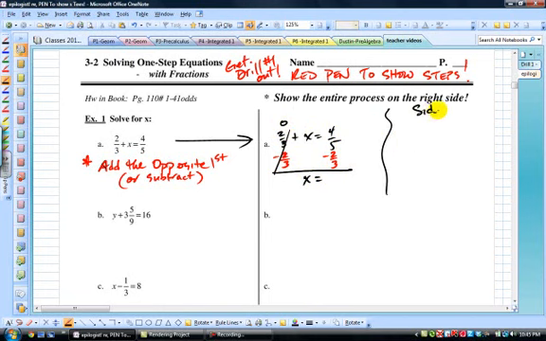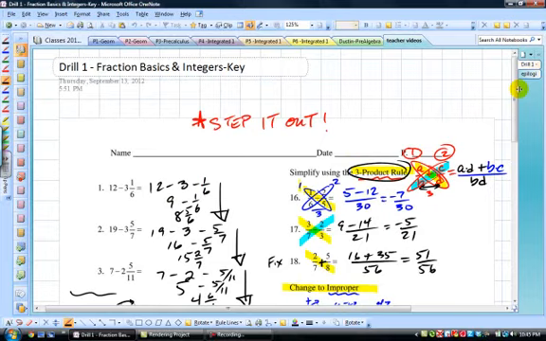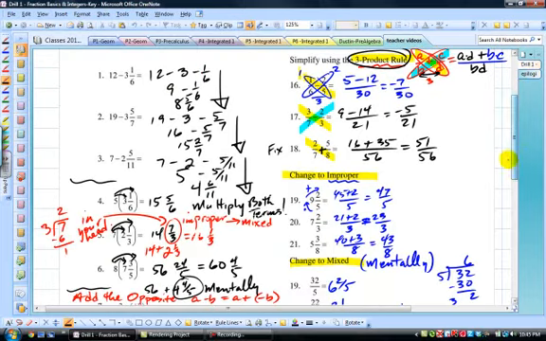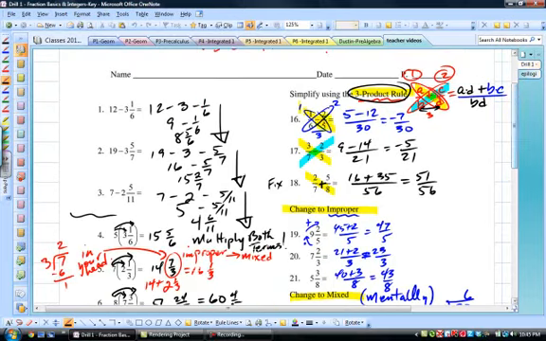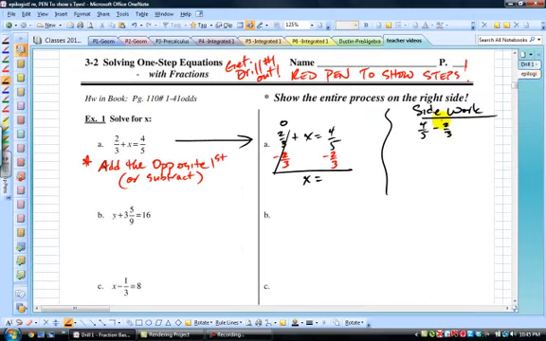That's where your side work comes in. So let's do all that work on the side. Let's take 4/5 minus 2/3, and let's do it the non-traditional way, using the 3 product rule that I was talking about. You start off with a left cross product, 4 times 3, subtract 5 times 2, and then divide that by 5 times 3.